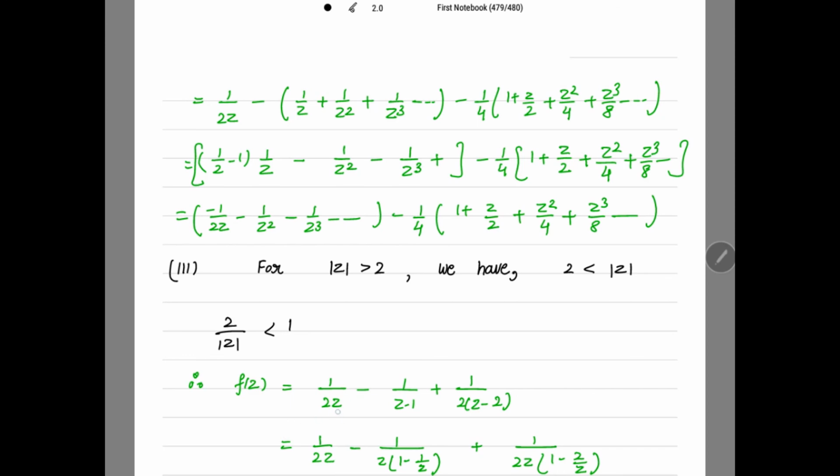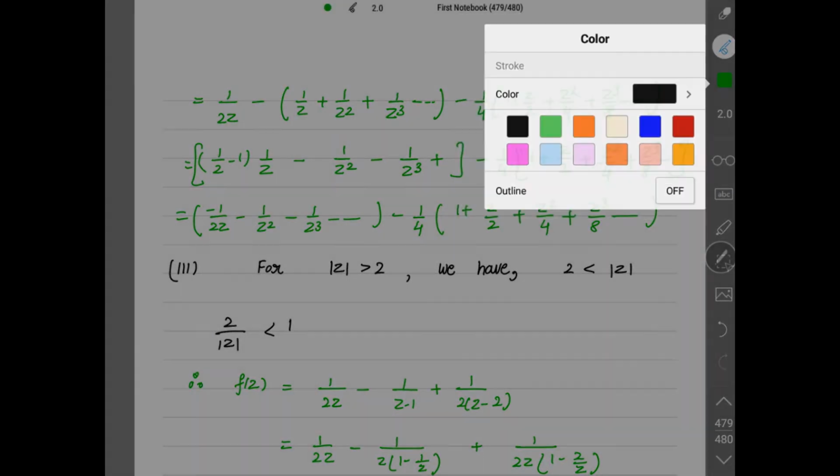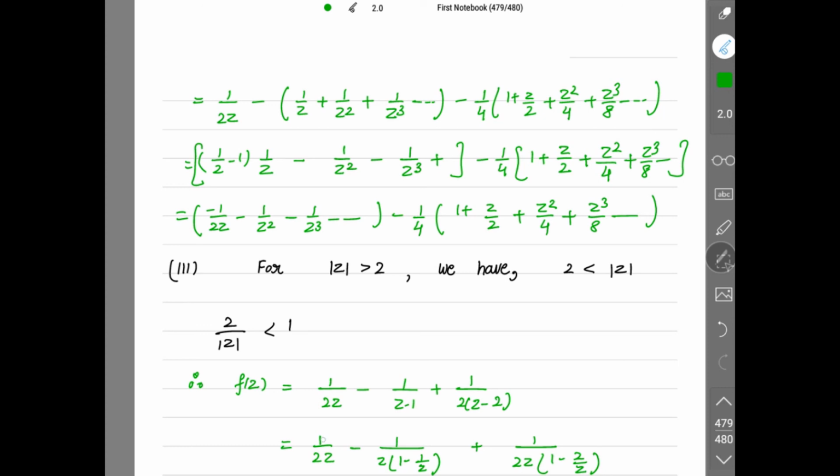Now f(z) is 1 over 2z minus 1 over z minus 1 plus 1 by 2 into z minus 2. Now 1 over 2z can be written as it is, minus. Why have I taken z to be common here? Because I need 1 by mod z less than 1. See, if 2 by mod z is less than 1, obviously 1 by mod z is less than 2 by mod z, which is further less than 1.